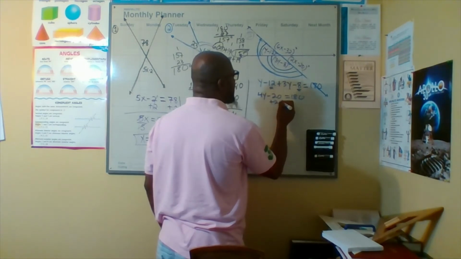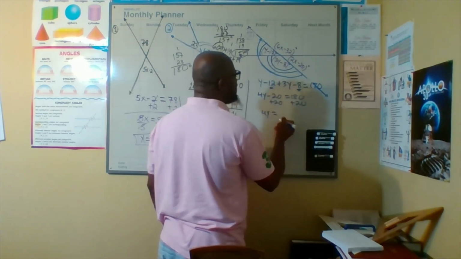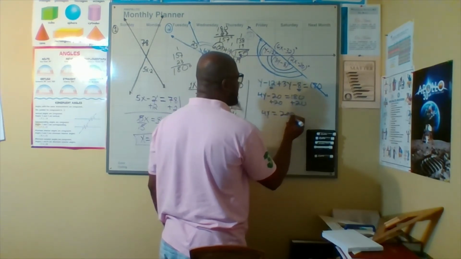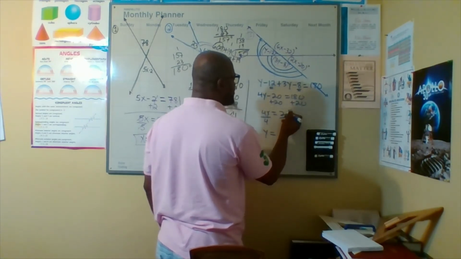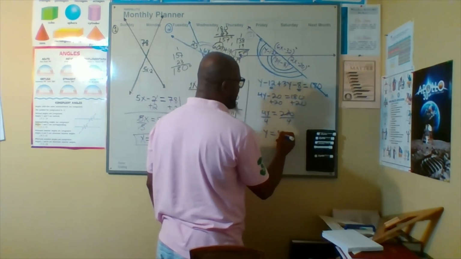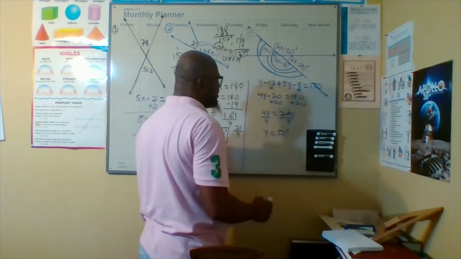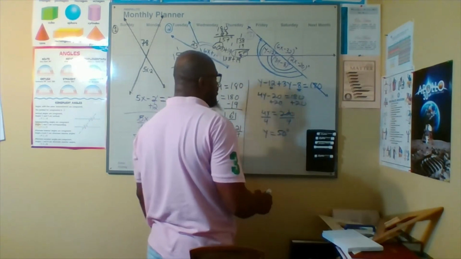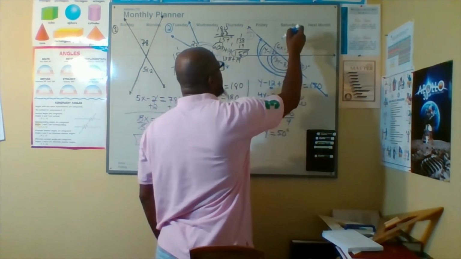Add 20 on each side. You will have 4y is equal to 200. Divide by 4. You will have y equal, how many times does 4 go into 20? 5 times, bring down the 0, y is 50 degrees.